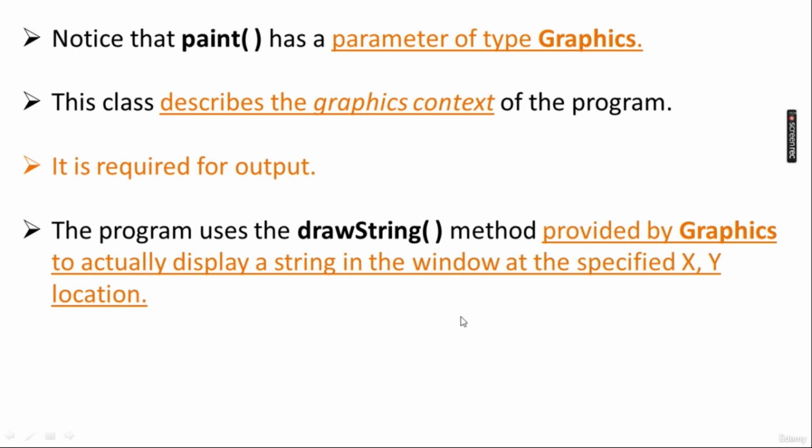In this class we will see the graphics context of the program. It is required for output. To display the output, you have to take the Graphics object as a parameter. Without the Graphics object, you cannot display the output.